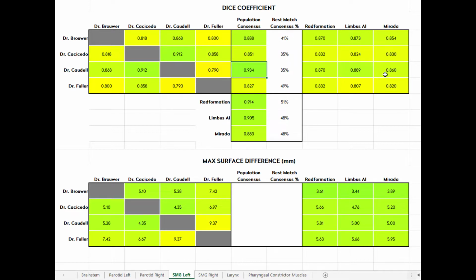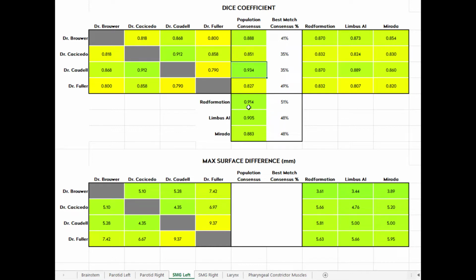So these AI vendors are pretty consistent with each other in terms of their dice coefficients matching with the experts. Also, both the consensus and the AI tend to have pretty good matching levels across all experts, whereas any one expert, you can't say that about each other. So what we're seeing here is some pretty robust results for both the consensus and the AI.